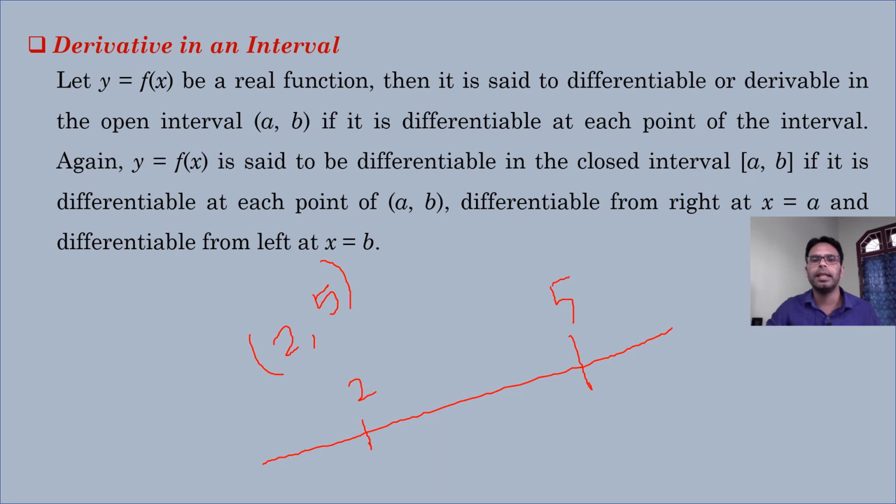Then in this interval the function is said to be differentiable if it is differentiable at every point of this interval. Every point means all points of this interval. If it is differentiable, then we say that the function is differentiable in the interval. Open interval means you should exclude the point 2 and the point 5. You should just consider the inner points of this interval.